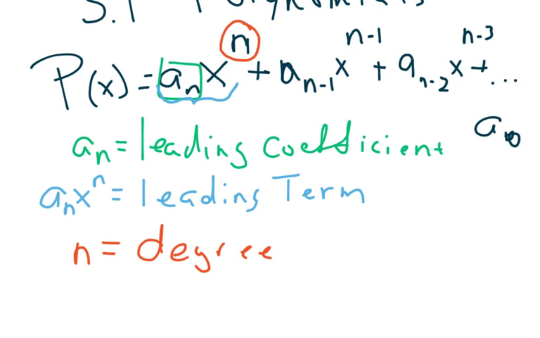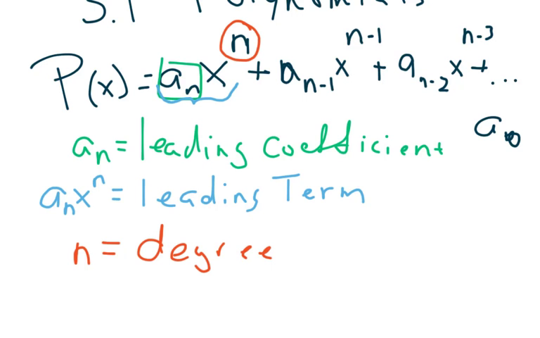A couple quick points before we move on. These exponents should be whole numbers, so 0 or larger, and these coefficients out front should be real numbers. If we have other weird things happening, we'll just ignore that.